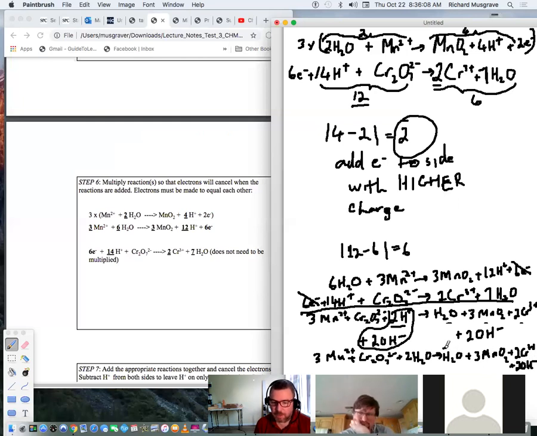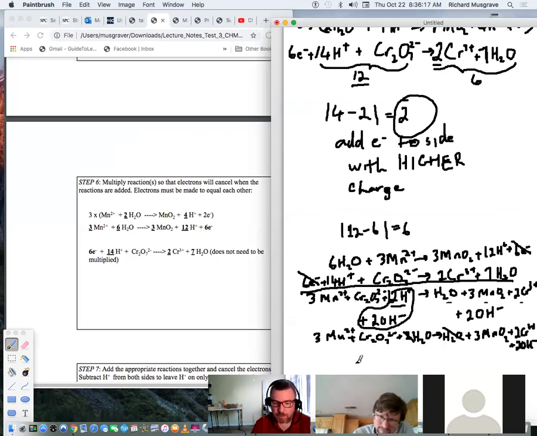Now the last thing we can do there is cancel out the water, so we subtract one water from each side, and we would be left with our final reaction that's balanced for base.